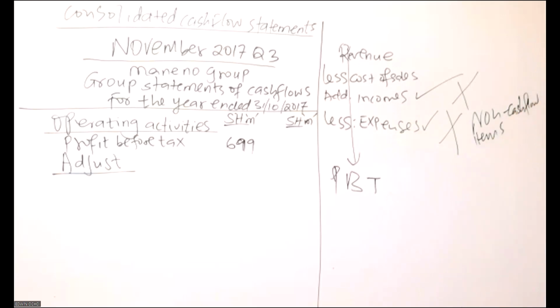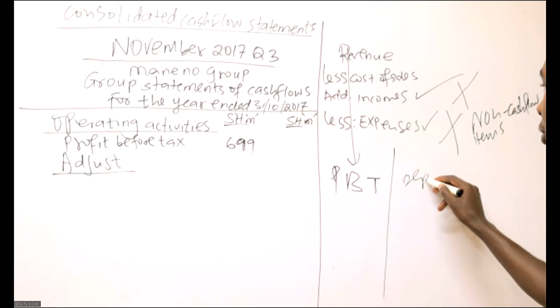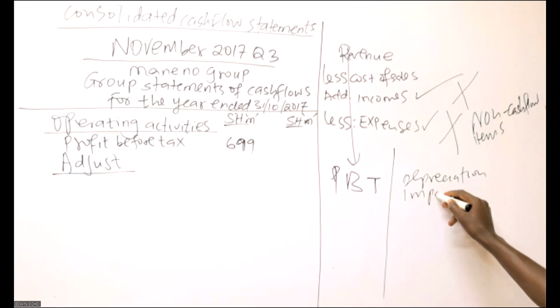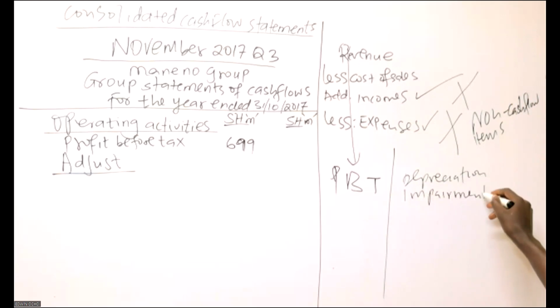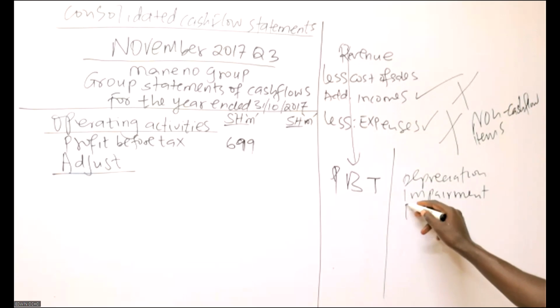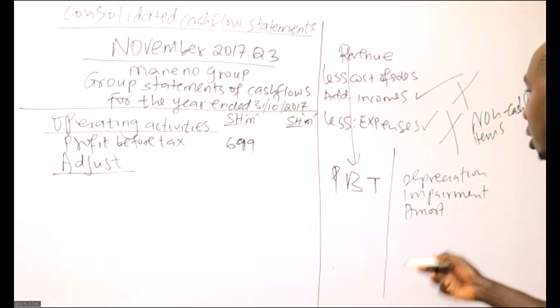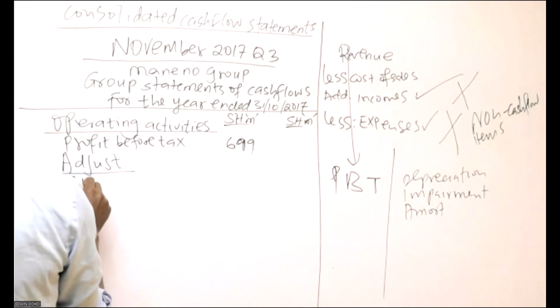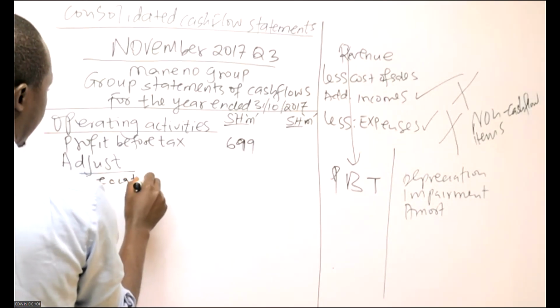So non-cash flow items. We have around 5 which we always check before we go to the others, which are a bit direct. So we always check for depreciation, impairment, amortization. We just write them here direct. Let me stop repeating myself. The first one is just depreciation.